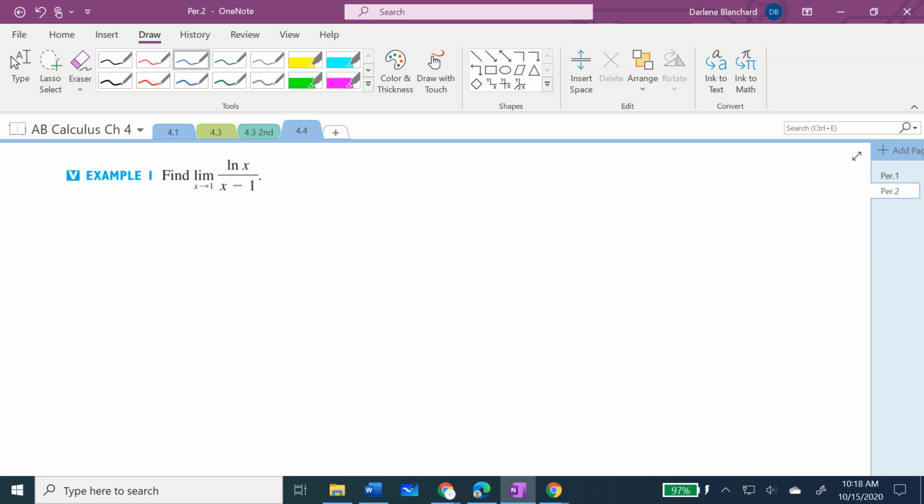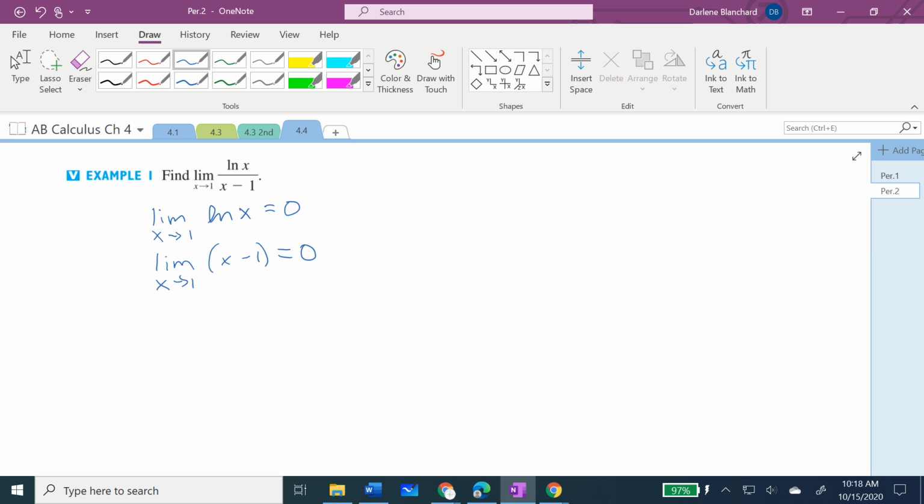No. You're going to first state that you are allowed to use L'Hopital by writing out limit as x approaches 1 of natural log of x is, what's the natural log of 1? 0. And write out the limit as x approaches 1 of x minus 1 is, shocking, 0. Because of that, I am allowed to L'Hopital.